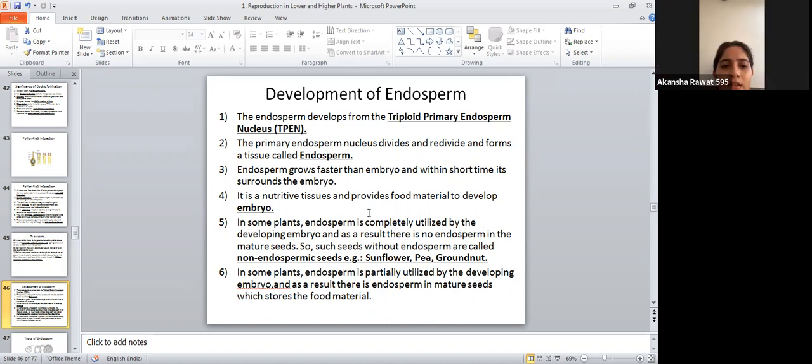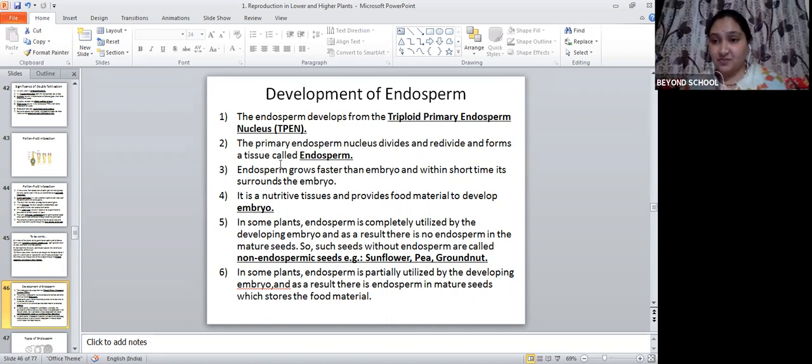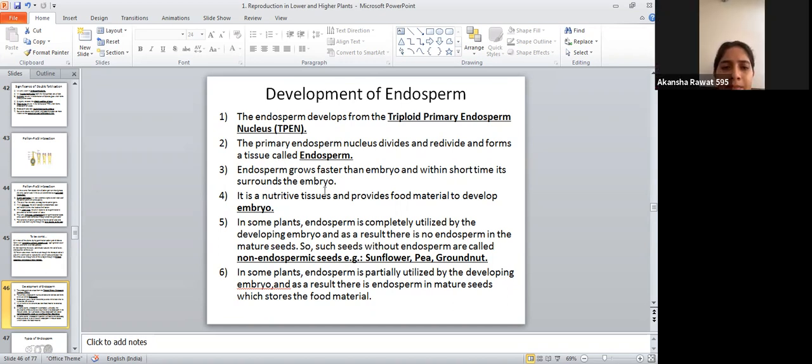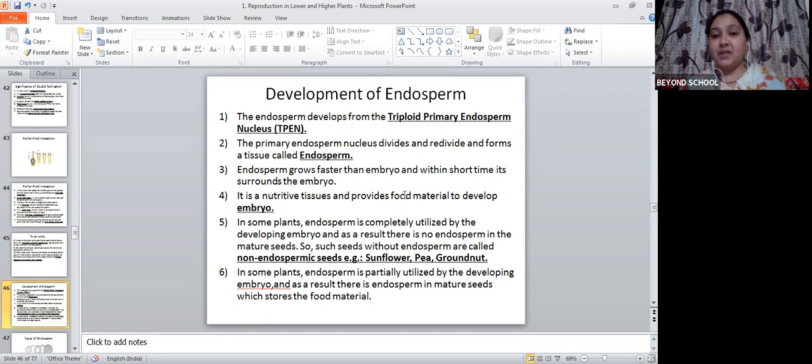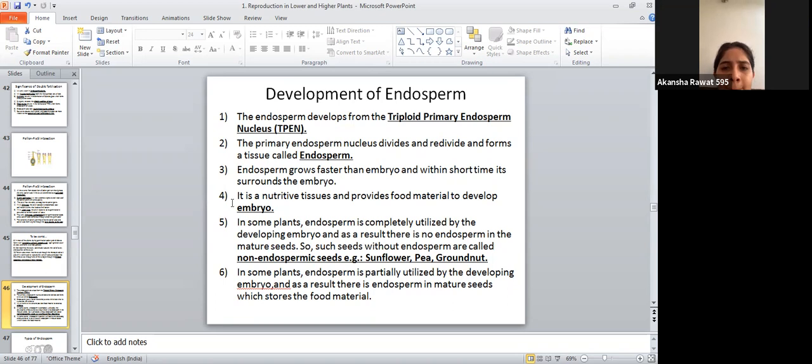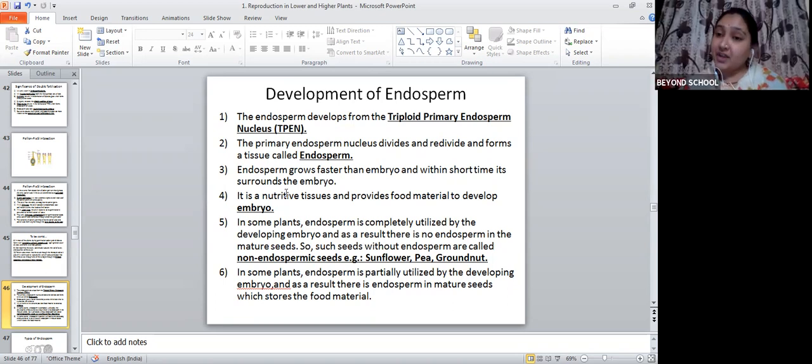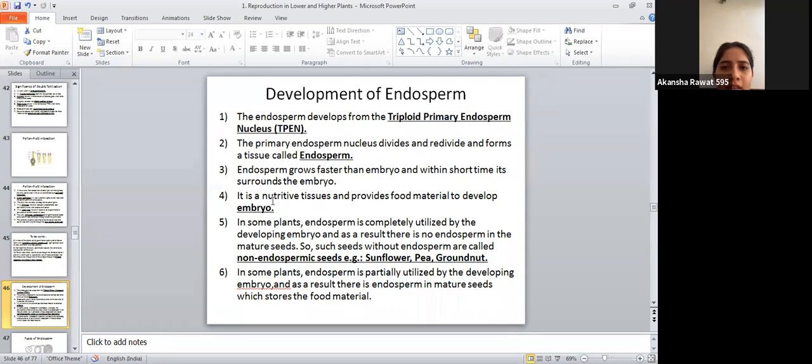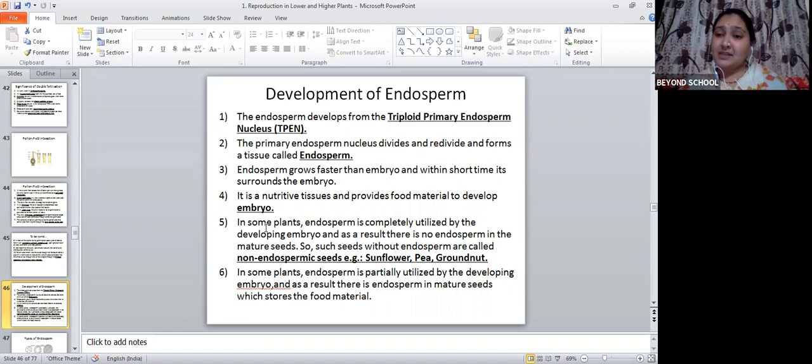Again I am repeating, in comparison to the embryo, the endosperm growth rate is fast, and the endosperm surrounds the embryo. The main function of the endosperm is to provide nutrition, that is nourishment, food material to the embryo, that is, to the embryo sac. Now, what happens in some plants?